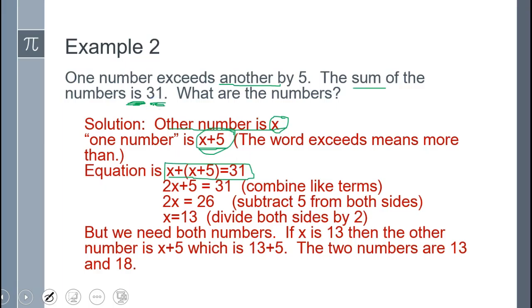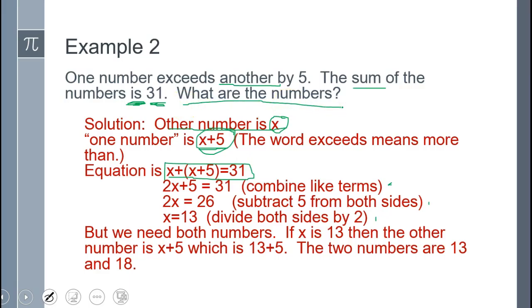So now I combine like terms. I subtract 5 from both sides, and I divide by 2 to get x alone. But then I have to go back and read the question again, because x equals 13 may not be the entire answer or even the answer they wanted. The question actually asks, what are the numbers?